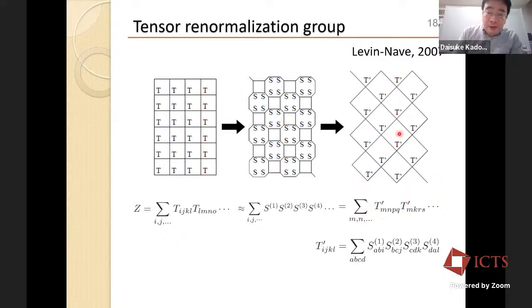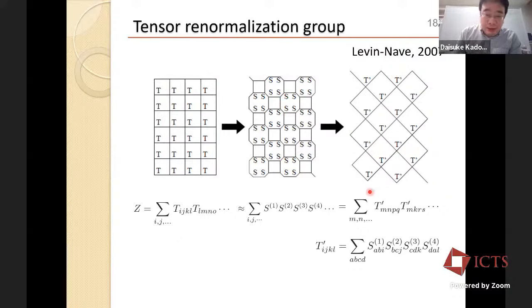So the tensor network of the renormalized tensor T prime is a square lattice network, but the direction is rotated by 45 degrees. But we can repeat this renormalization again and again because this one is a square lattice network.